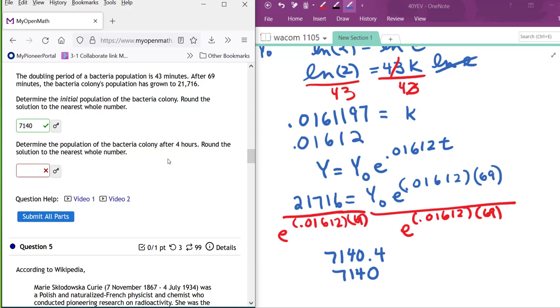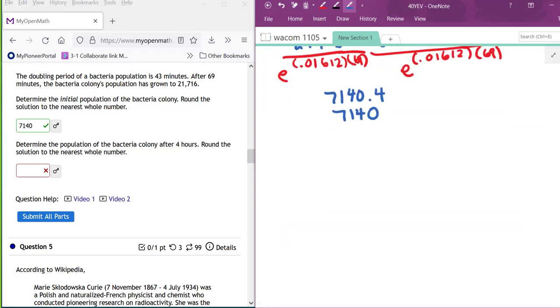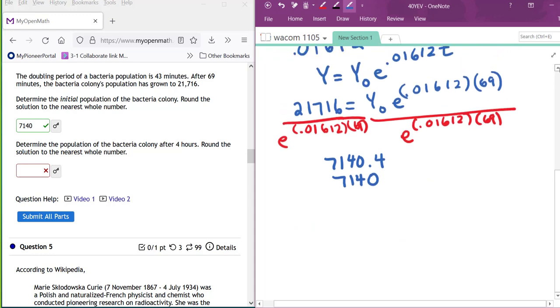And so we're going to determine the population of the bacteria colony after 4 hours. This is where you have to watch out because they're switching the time unit. Right? We started in minutes. That's what the model is for. So switch this 4 hours to minutes. And let me scroll just enough so I can still see that formula. All right. So we're going to determine the population.